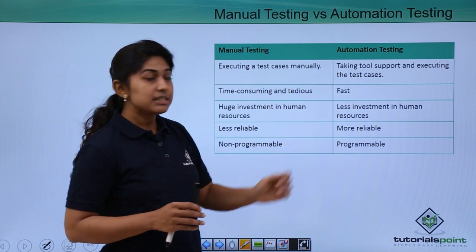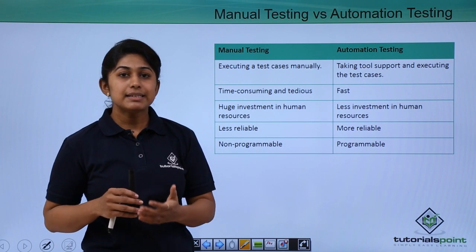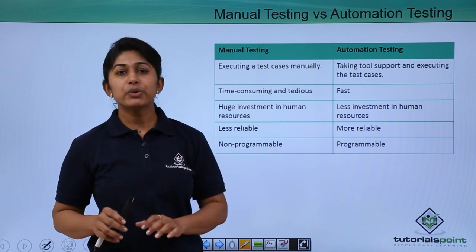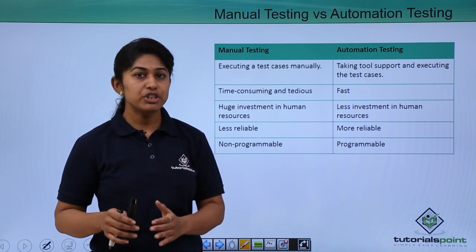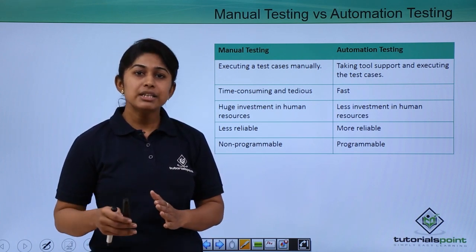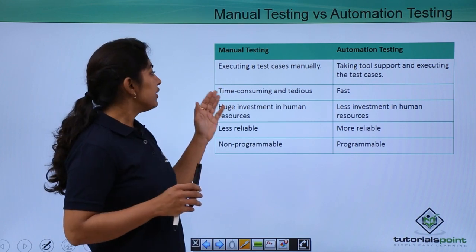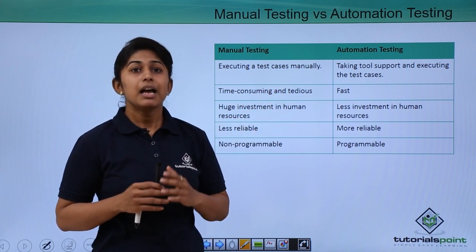In automation testing, we are taking tool support to execute the test cases. It means we are writing some code or some programs using automation tools like Selenium or JUnit, and then we are executing the tests automatically. The second difference is that manual testing is a time consuming and tedious process.